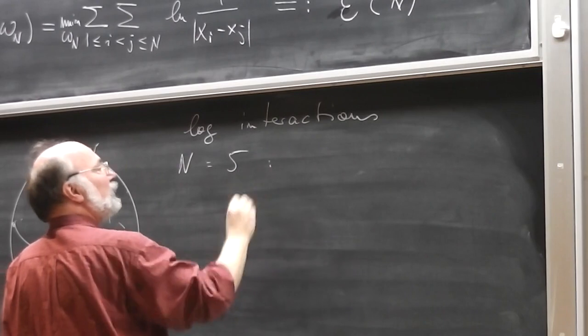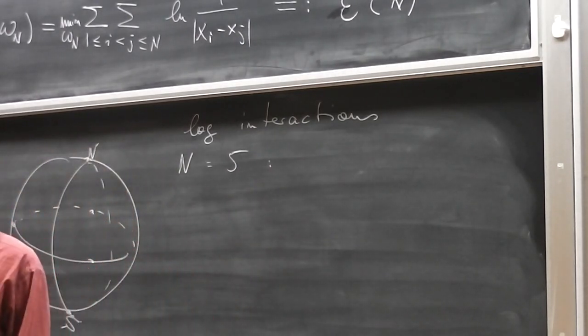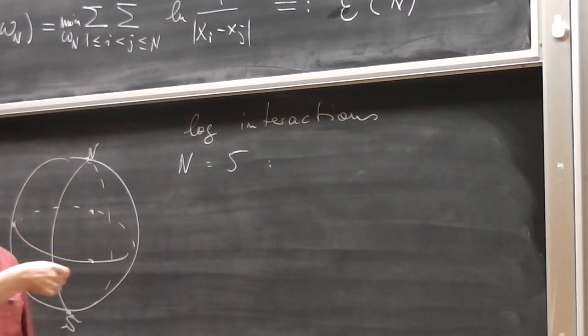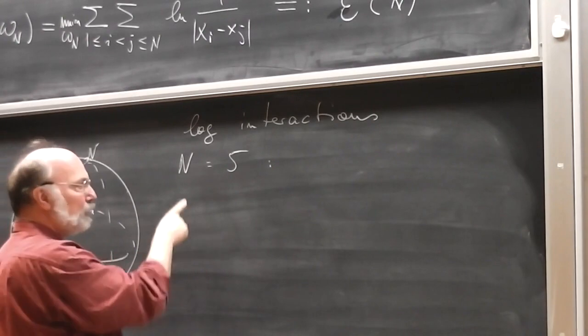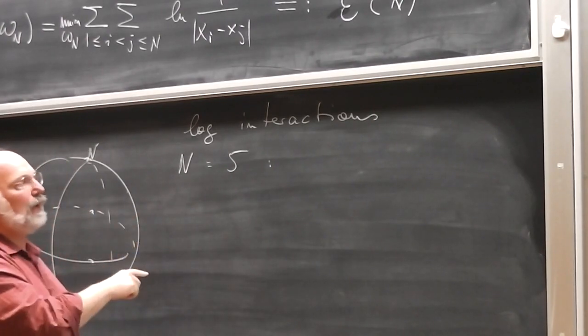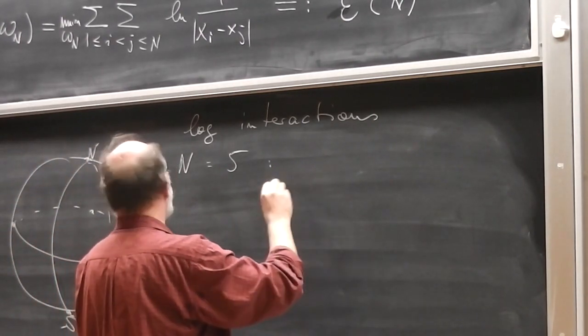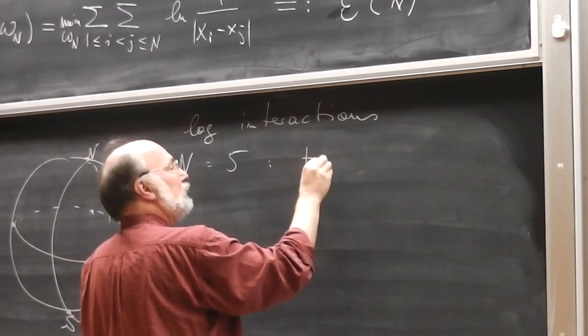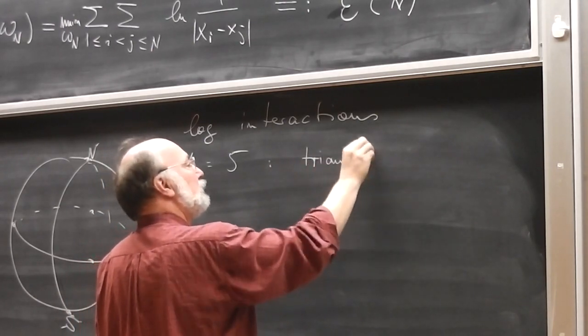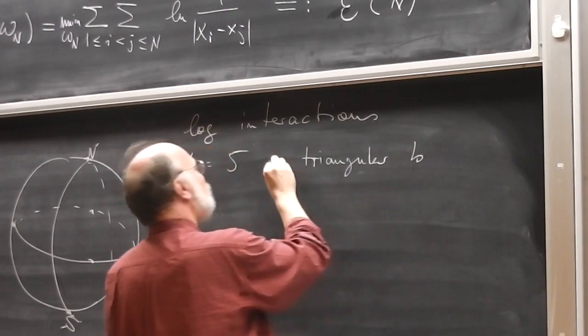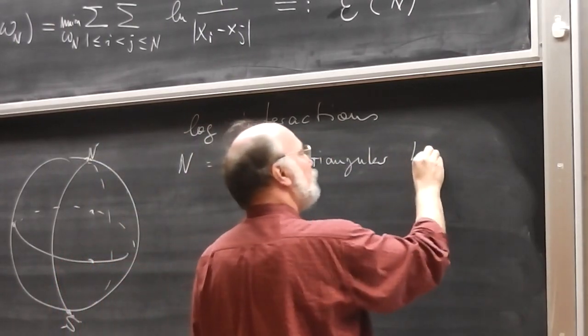For each n, it's an advanced calculus problem in principle, but it quickly gets out of bounds. That's the point. So here I'm starting simple, but I will mark this because it will come up later. N equals 5 was, let's call it, the triangular bipyramid, a regular triangular bipyramid.